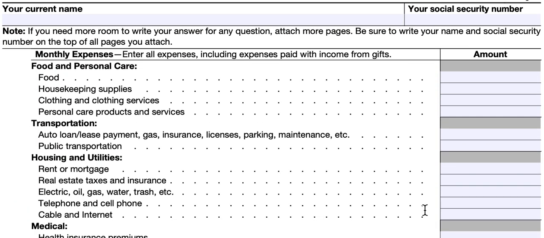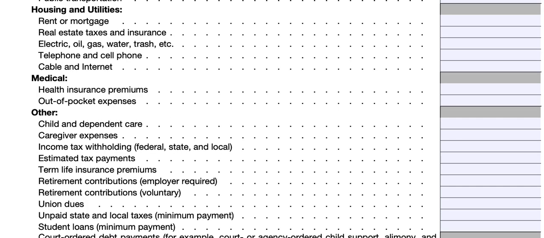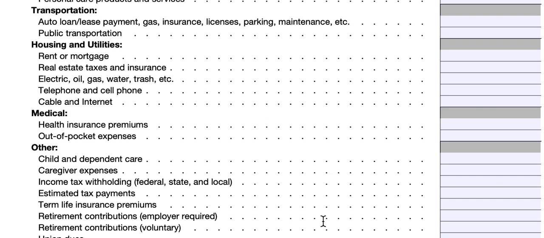And the same with expenses. You're going to go through food and personal care items, transportation, housing and utilities, medical, and then other items, child and dependent care, caregiver expenses, life insurance premiums. These are all things that the IRS might not consider to be discretionary.